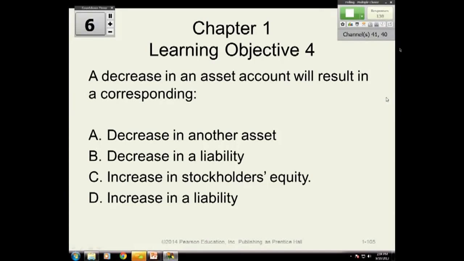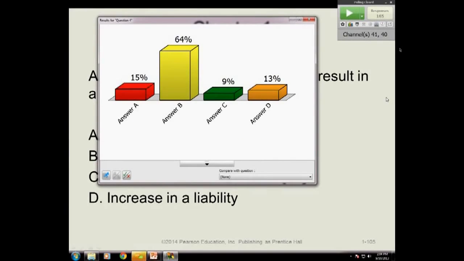All right, just about winding down. And let's see what we got. Okay, so most of the class thinks it's B. It is. Okay, so if an asset decreases, the only choice that was correct here is that you have to decrease a liability.